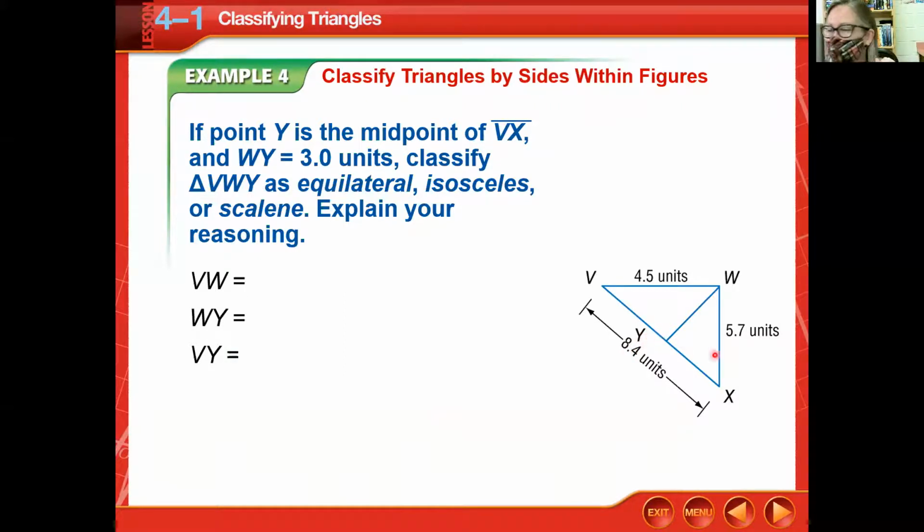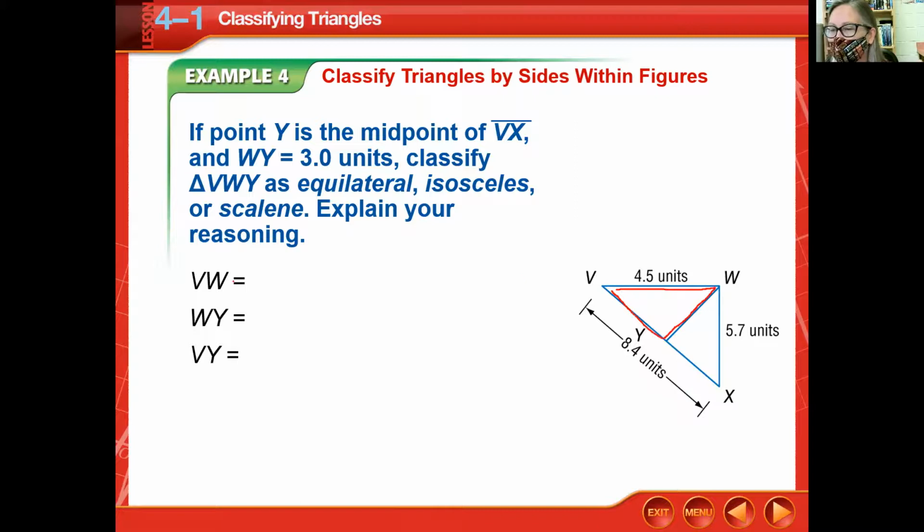And the length of YX is also 4.2. They want to classify this triangle by side measure, so I need to know the lengths, and which triangle they're talking about. They're talking about triangle VWY. VWY is this triangle right here, if you trace it out.